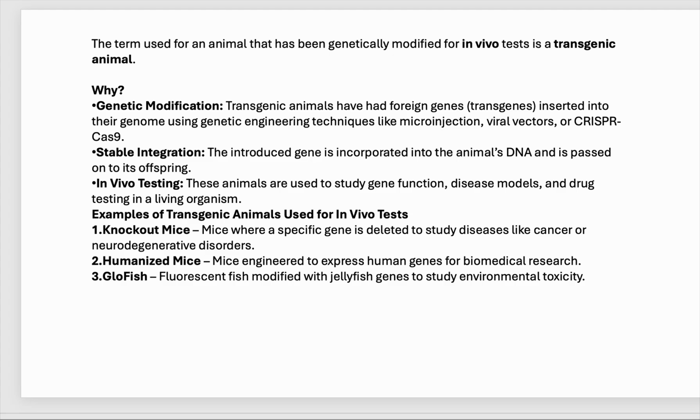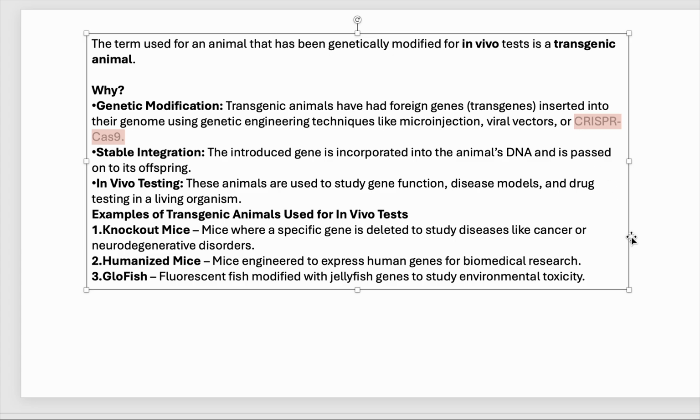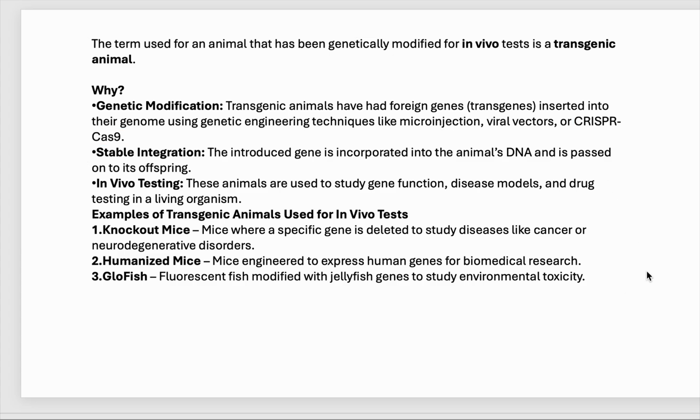They are generally inserted into the genome of an organism via techniques like microinjection, viral vectors, bacteriophages to transfer genes from one organism to the other, and again CRISPR-Cas9. This is a very interesting technique. You might have read about it, and if you're interested in knowing more about it, you can tell me, we can discuss this in the next session.